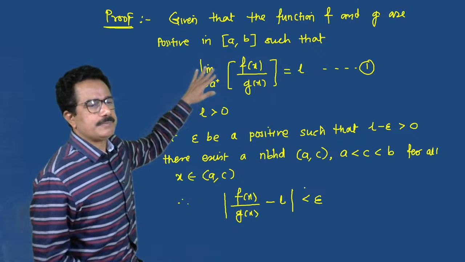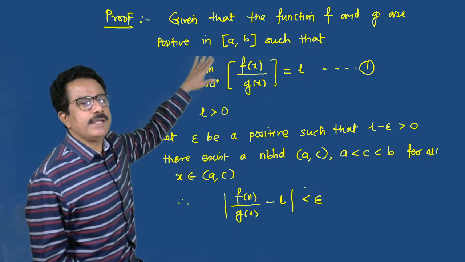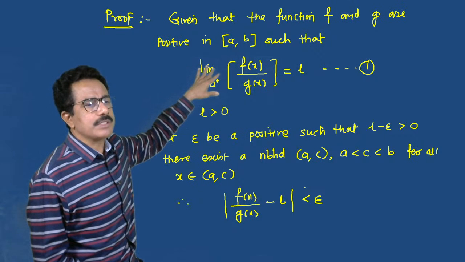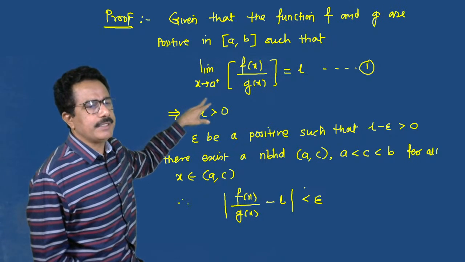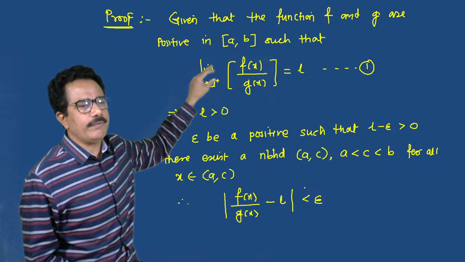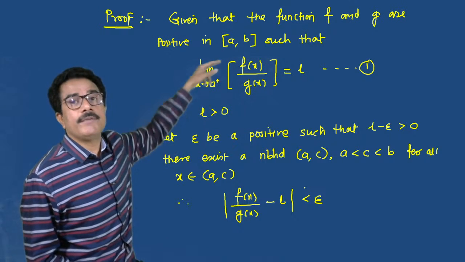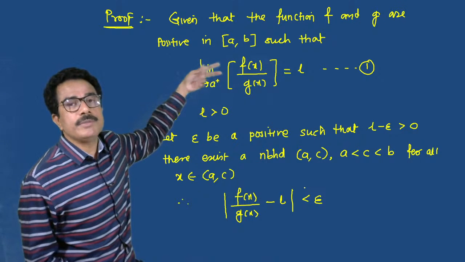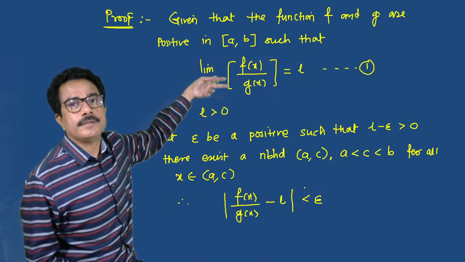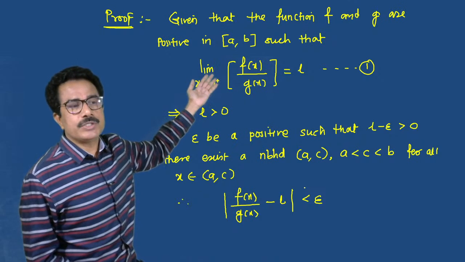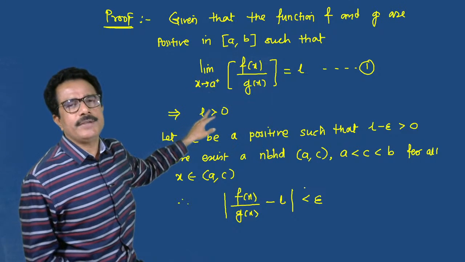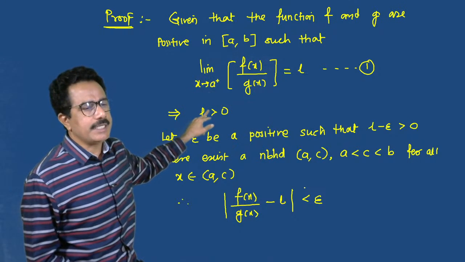Now see this, given that the functions f and g are positive in closed interval a comma b such that limit x tends to a positive f of x divided by g of x which is equal to L. This implies f is positive, g is positive, means division is positive. If division is positive which is equal to L, so we can evidently write L is greater than 0.